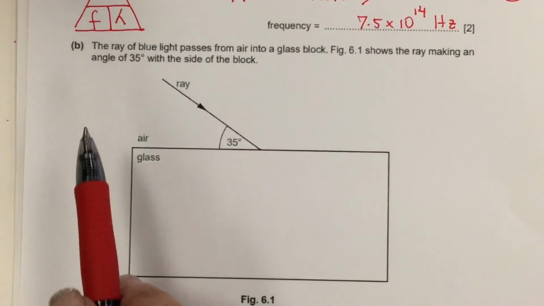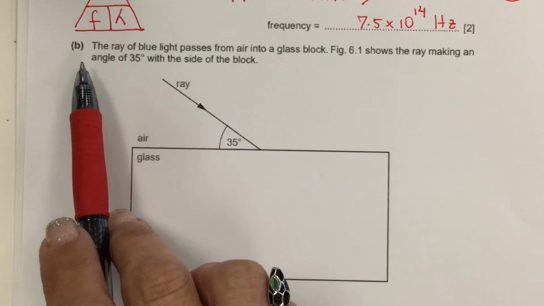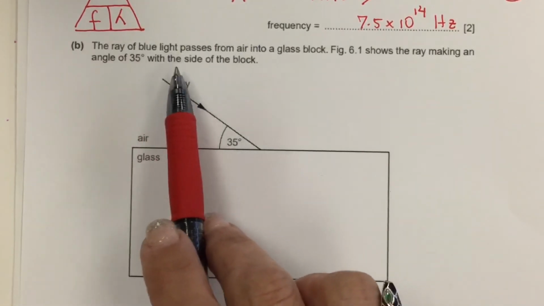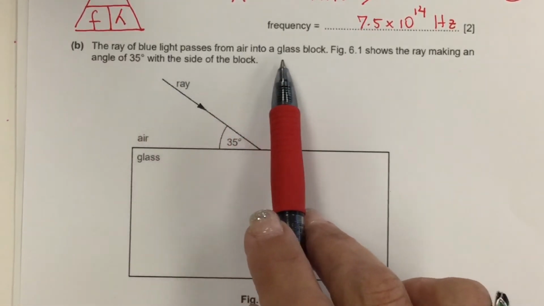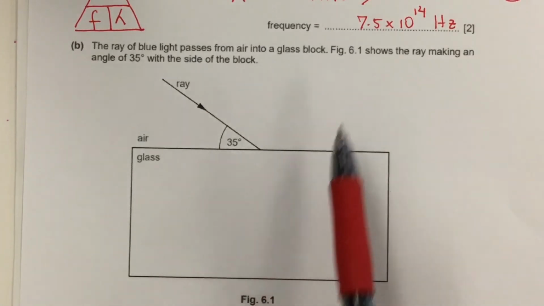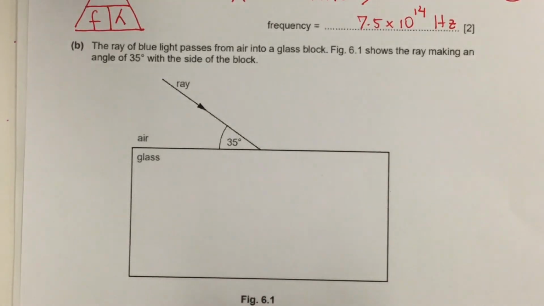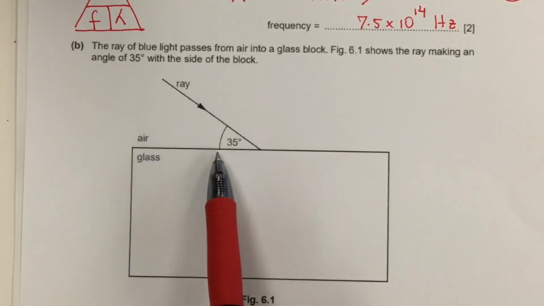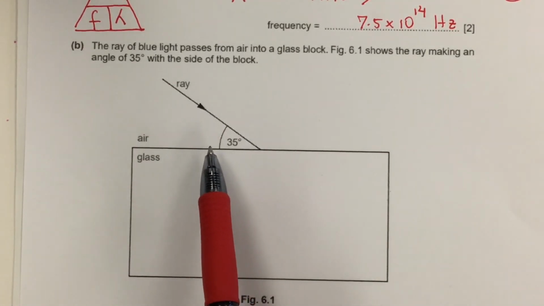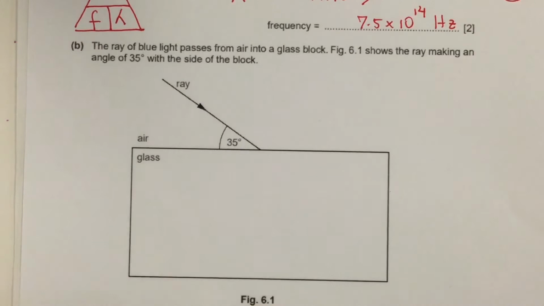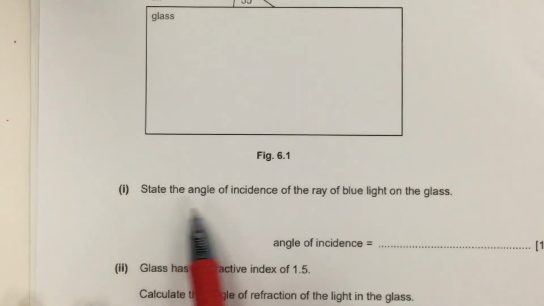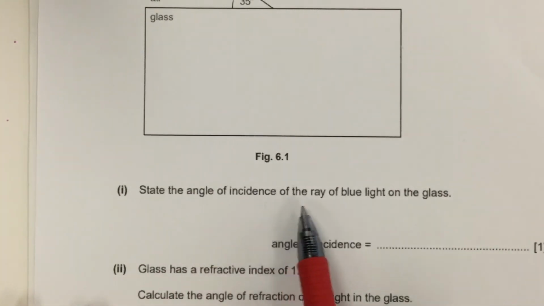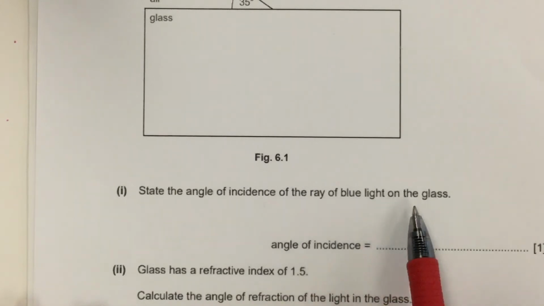Moving forward, option B. The ray of blue light passes from air into a glass block. The figure 6.1 shows the ray making an angle of 35 degrees with the side of the block. State the angle of incidence of the ray of blue light on the glass.